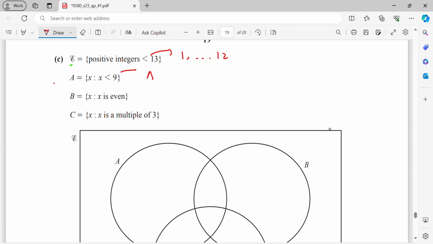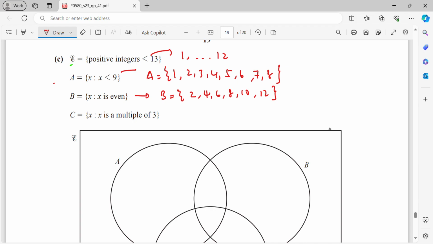So it will be A equals to 1, 2, 3, 4, 5, 6, 7, 8. Then B is even. B is even from the universal set means 2, 4, 6, 8, 10, 12. Then C is multiple of 3. Multiple of 3 means 3, 6, 9, 12.